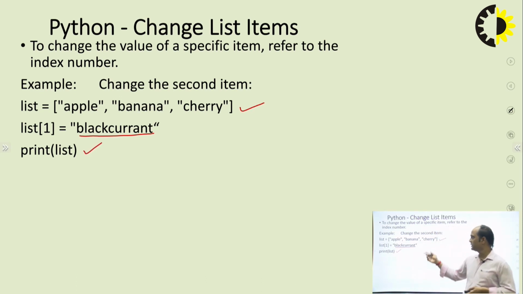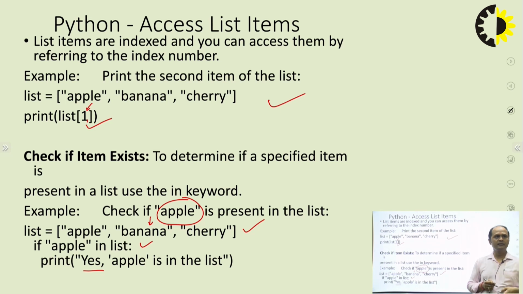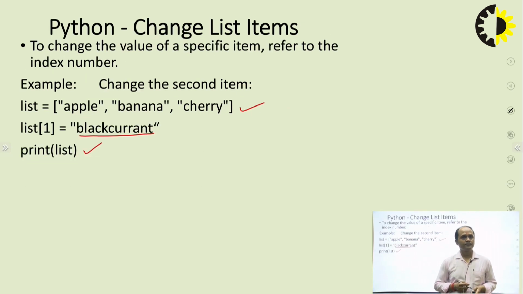The print statement will give the required output. So these are the methods by which we can access and change a particular list item.